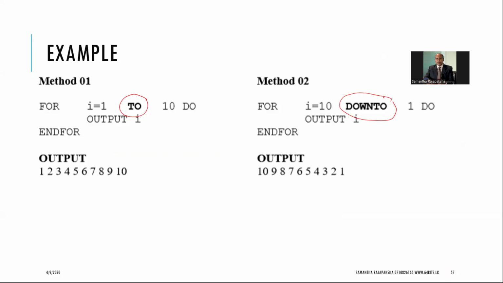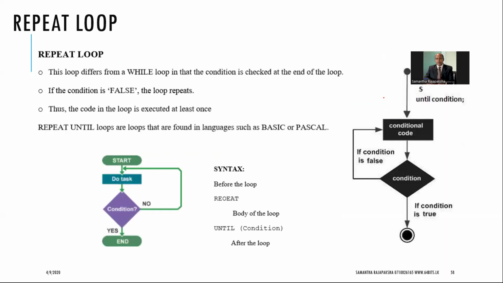But when you come to the repeat loop, it's totally different actually. In the repeat loop, remember, there are a few differences. One difference is the condition comes to the bottom. That's the main thing. We check the condition at the end.